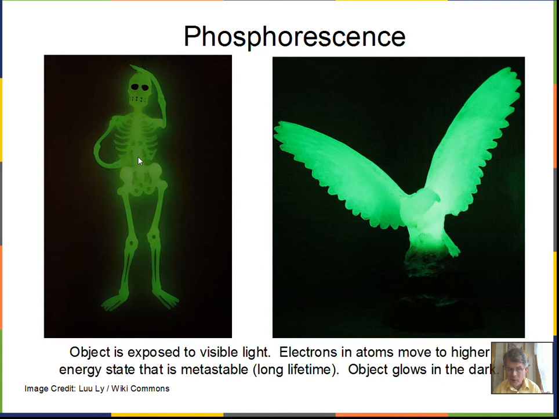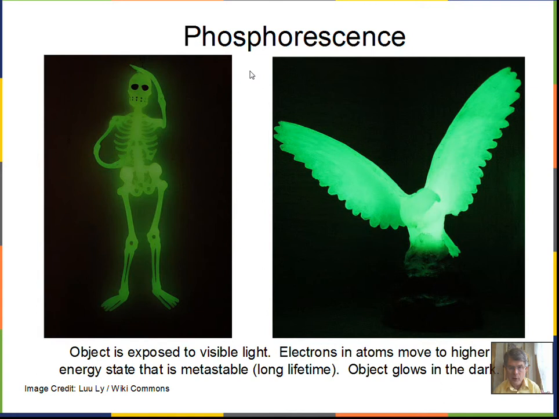So phosphorescence is the slow release of energy from an atom as the electrons stay in the upper energy levels for a significant fraction of an hour or more. And as the electrons gradually drop back down towards the ground state, towards the nucleus, they emit light in the visible range.